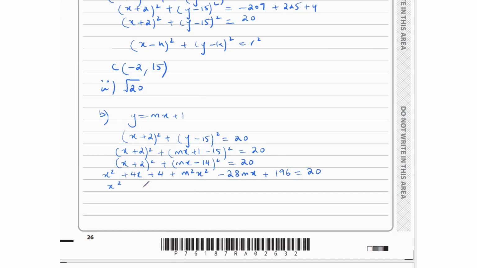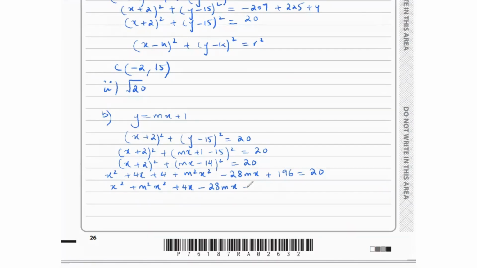Collect everything on one side: x squared plus m squared x squared plus 4x minus 28mx, 4 plus 196 is 200, 200 minus 20 equals 0. So x squared bracket 1 plus m squared, then plus x bracket 4 minus 28m, plus 180. I've just simplified the equation.